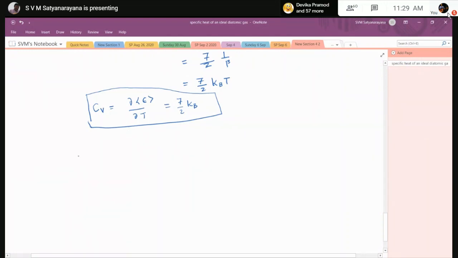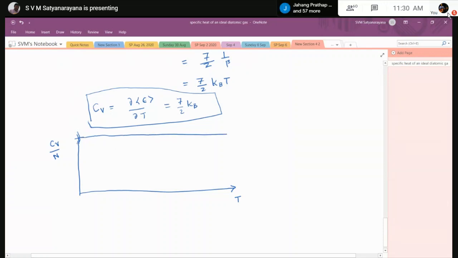If you plot temperature versus Cv by N, we are getting a value that is independent of temperature.